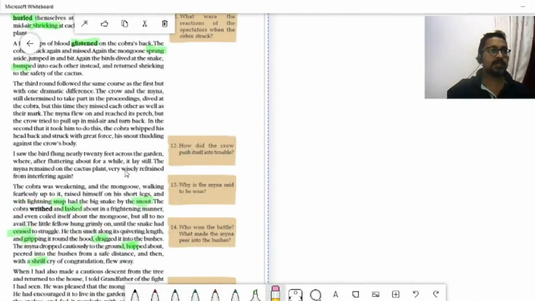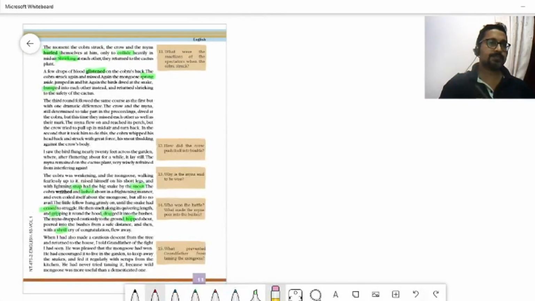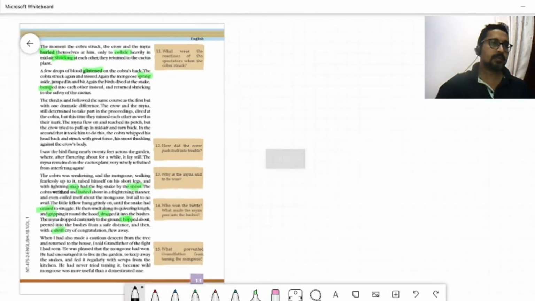Yes, let's come back. So the fight was continuing. Cobra was getting weaker and weaker with the passage of time. Mongoose was getting stronger and stronger. Mongoose was now confident.